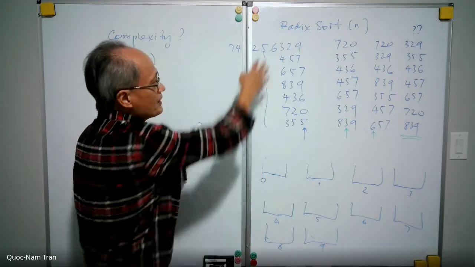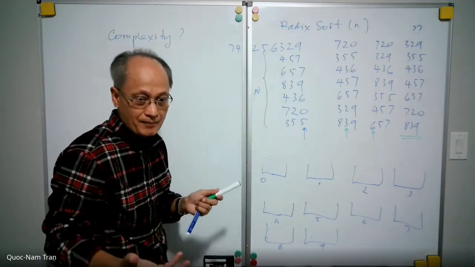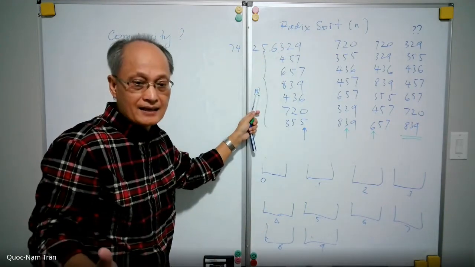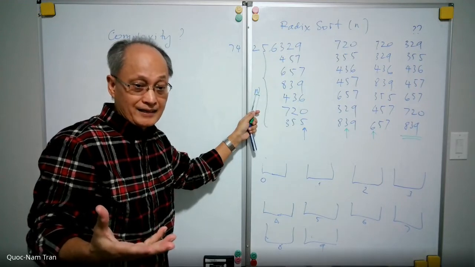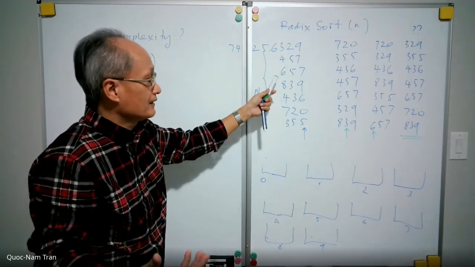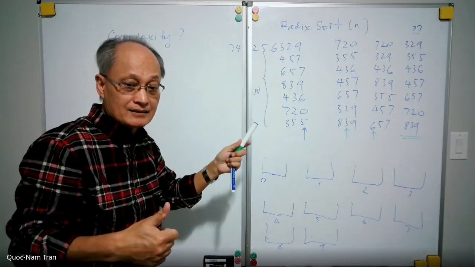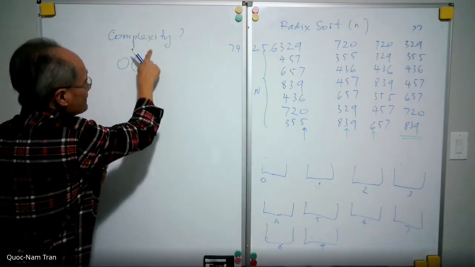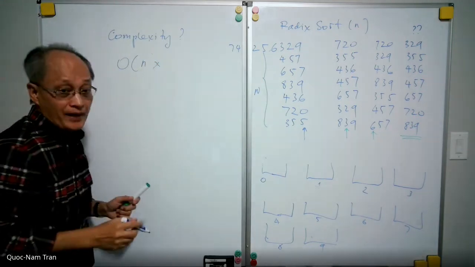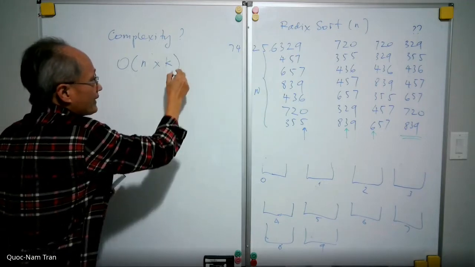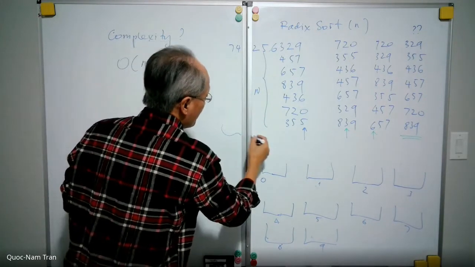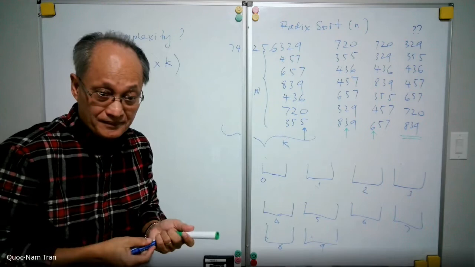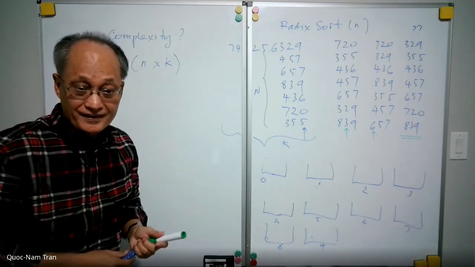What will happen if the numbers are big, or some of them are big, like the first one has n digits, the second one can have 3, the next one can have one digit? What will happen in that case? The complexity is big O(n) times k, where k is the number of digits for all numbers. All right.